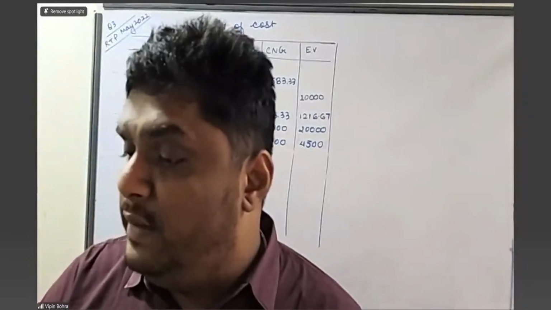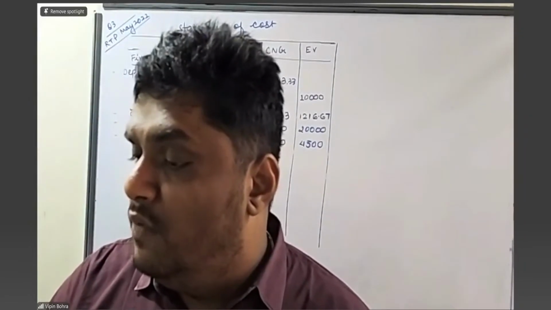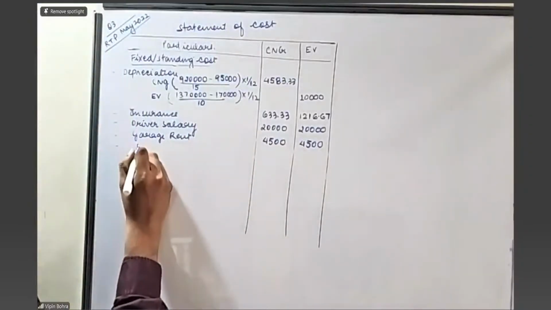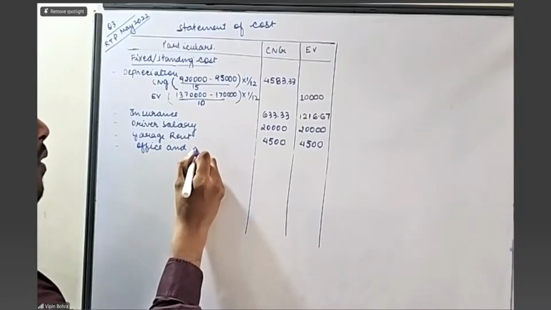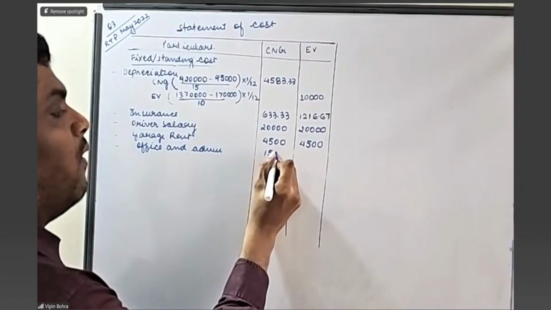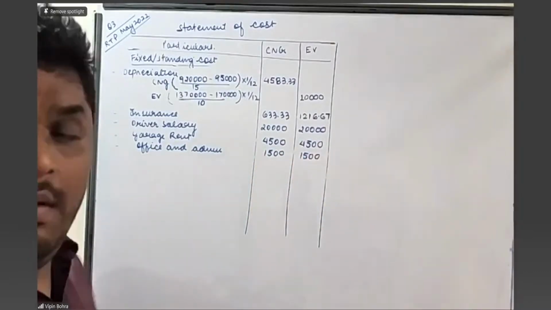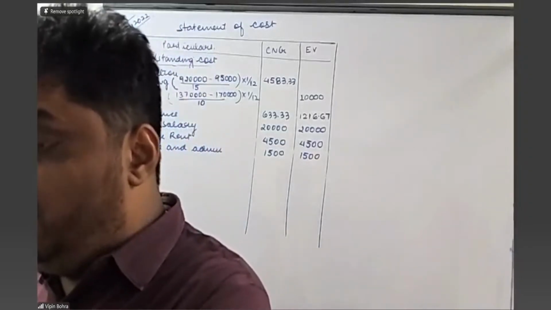Share of office and administration cost per car, it is 15,000 per month. I think we are done with all the fixed cost.